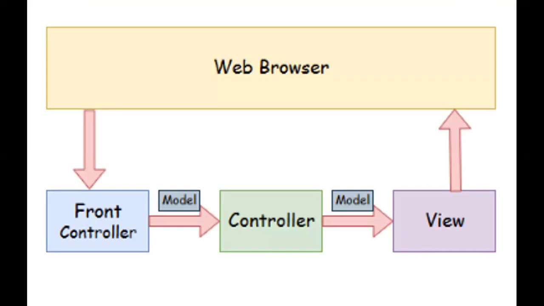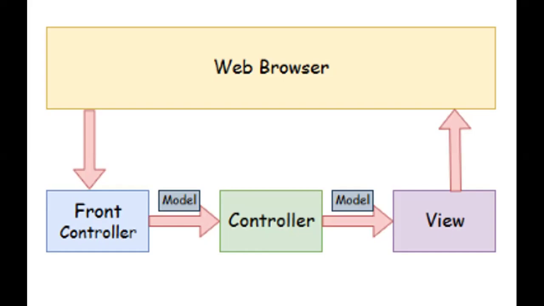This is the basic outline view of your Spring MVC. So we have the web browser. From the web browser, the request is given by the user and it is first forwarded to the front controller. Who is the front controller? Dispatcher servlet, which is a built-in module.